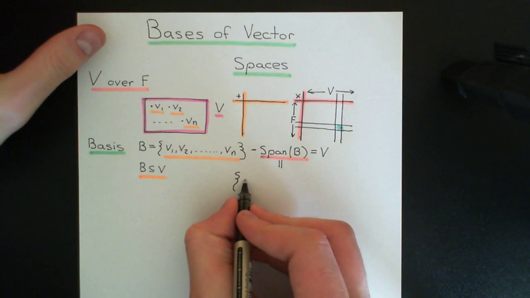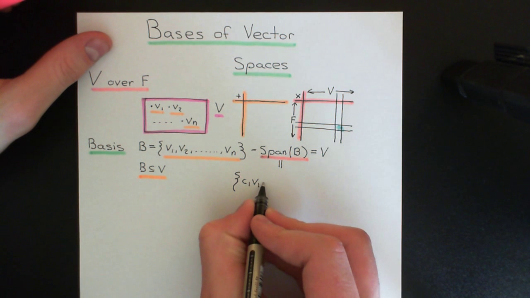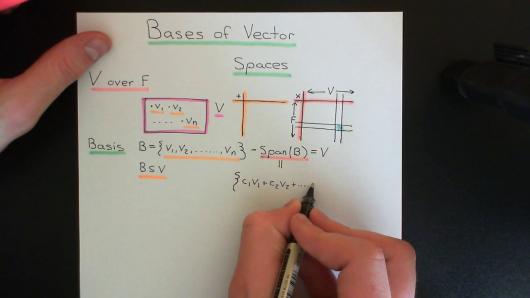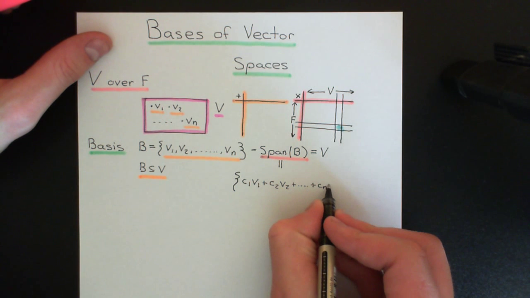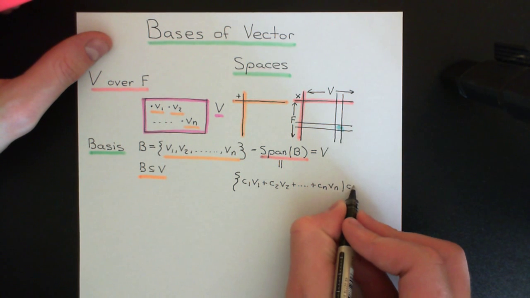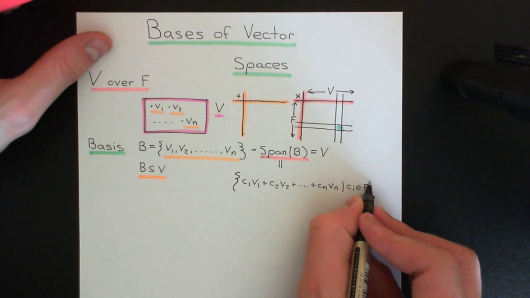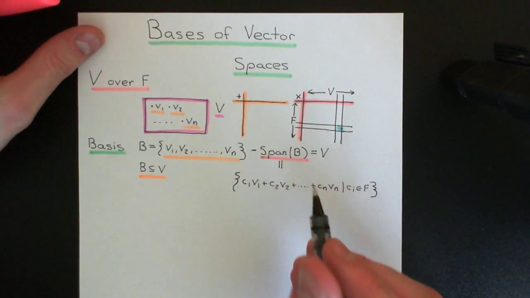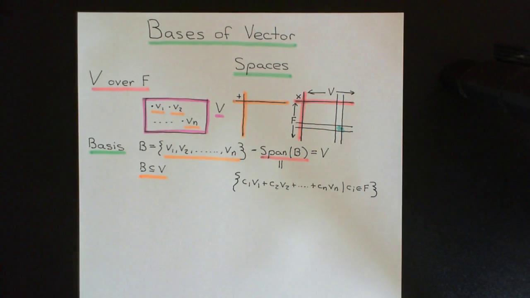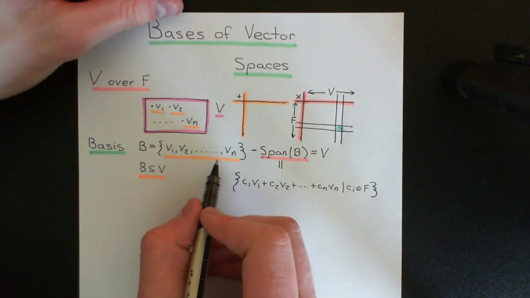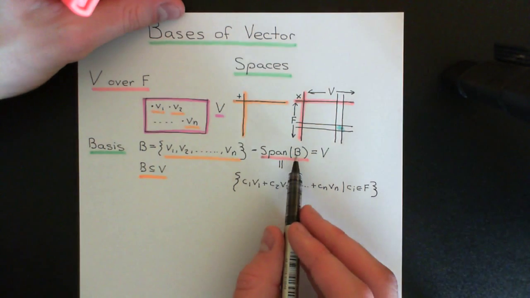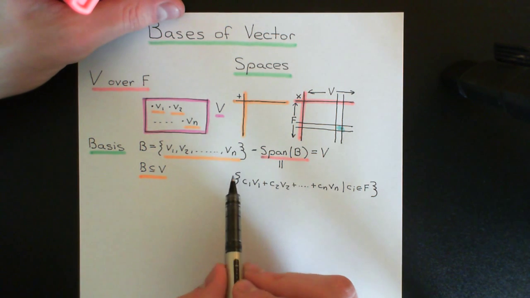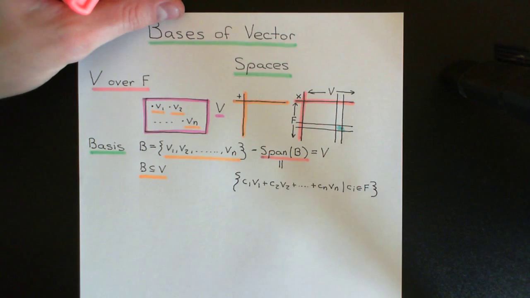So it means absolutely everything of the form c1v1 plus c2v2 plus all the way up to cnvn, where these ci's are elements of the field F. Vectors of this form are called linear combinations of the vectors in the set B, and to construct the span of B, you take all linear combinations of the vectors in this set and stick them into a set.